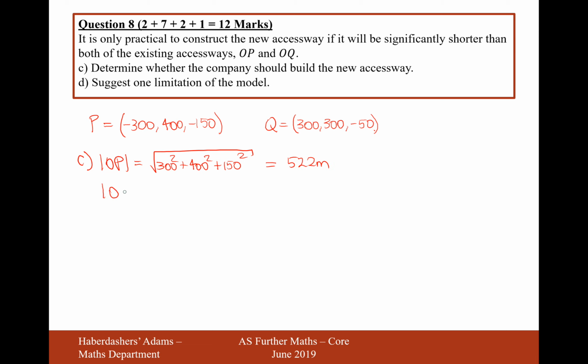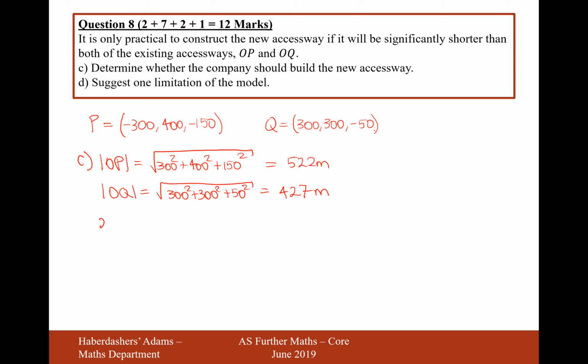And OQ is going to equal the square root of 300 squared plus 300 squared plus 50 squared, and that's going to give us a distance of 427. So it looks like the 221 meters is much shorter than these two pipelines here, OP and OQ.